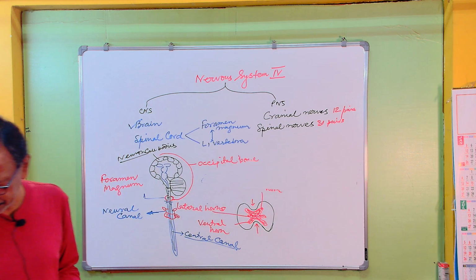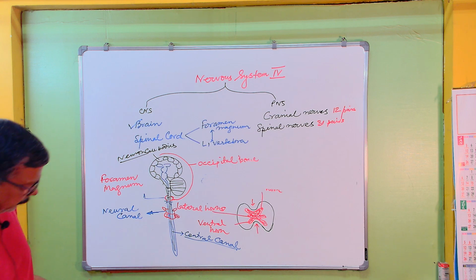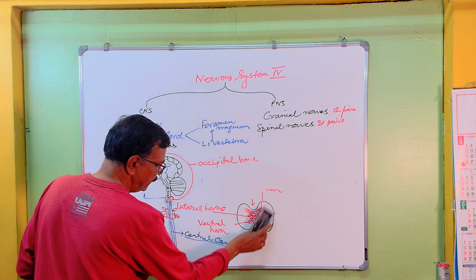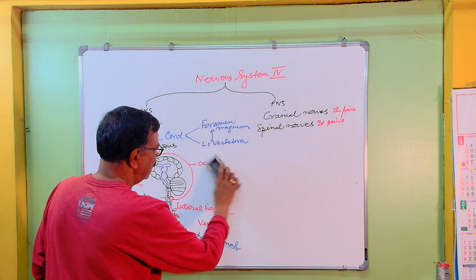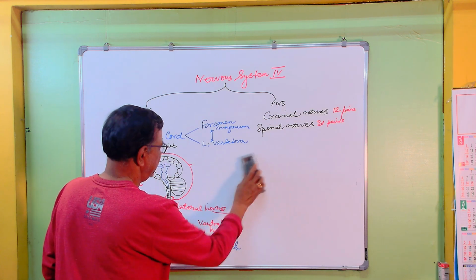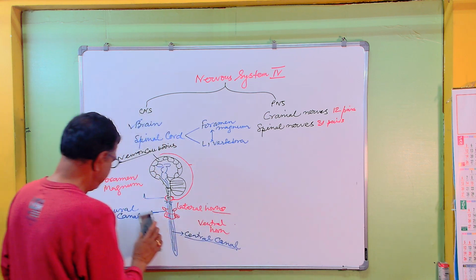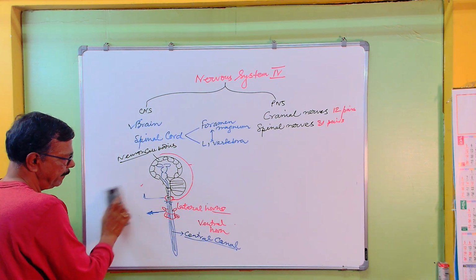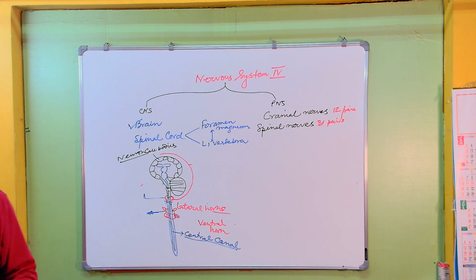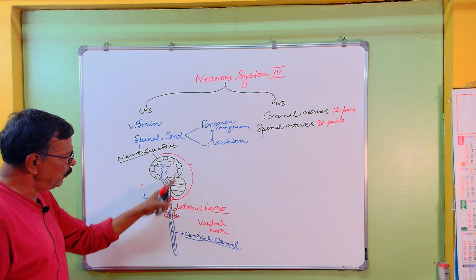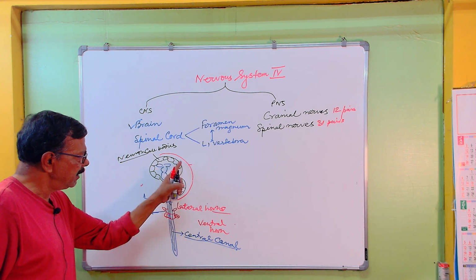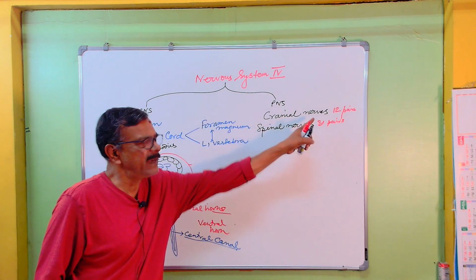Now, this is the occipital bone, spinal artery. We will go to the cranial nerves.